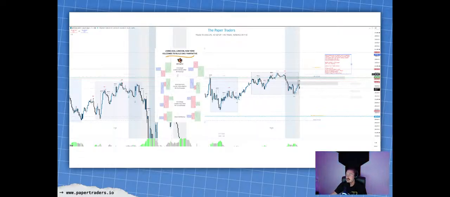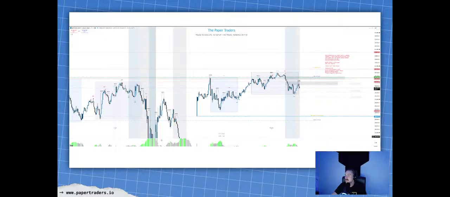By the looks of it, we had a little bit of an Asian range, London manipulating to the upside. So New York potentially can see a nice consolidation here. Or Asia session expansion to the downside, London consolidation inside of it with a sweep of the high right here, and maybe New York reversal back into the downside.